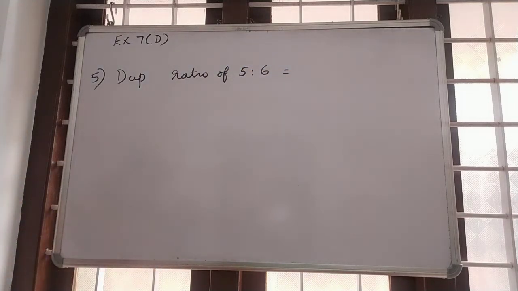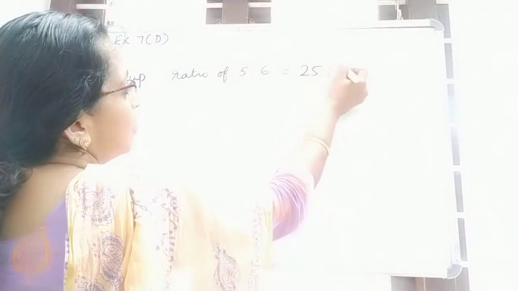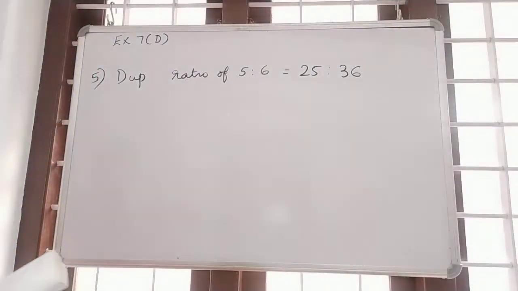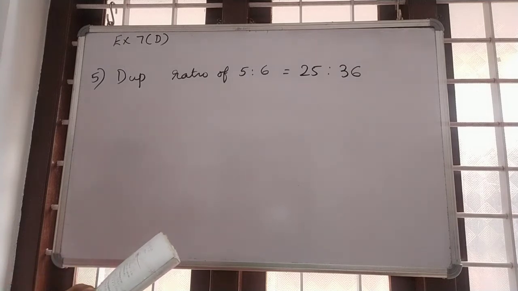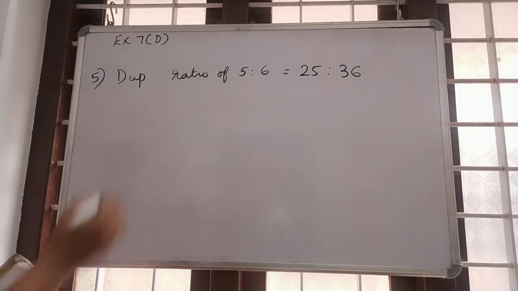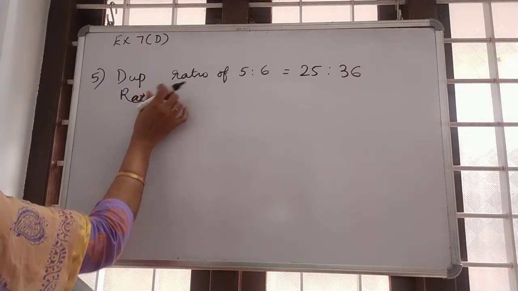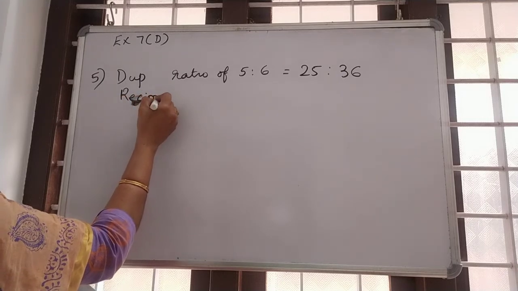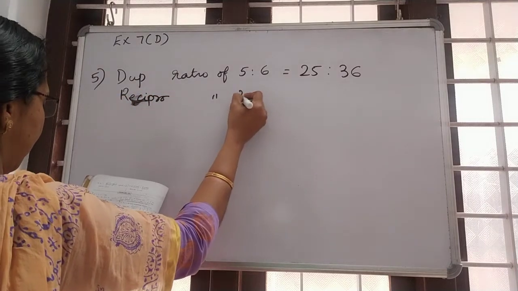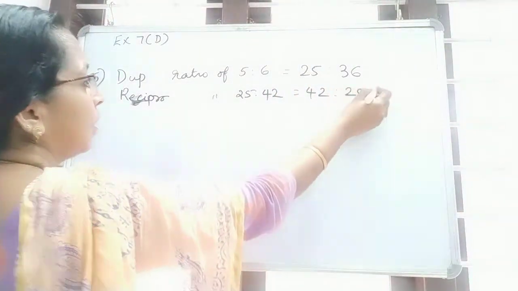Duplicate ratio means squaring, no? So it will be what? 5 square 25, 6 square 36. So 25 is to 36. Next, reciprocal ratio of 25 is to 42 will be 42 is to 25.